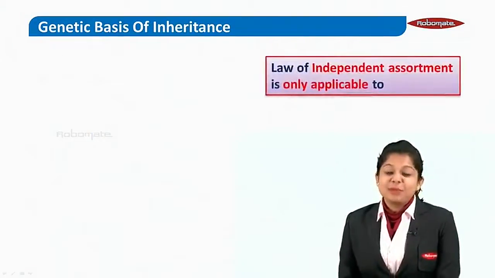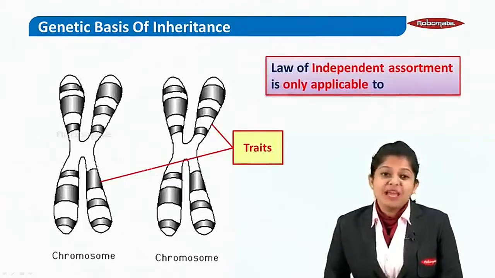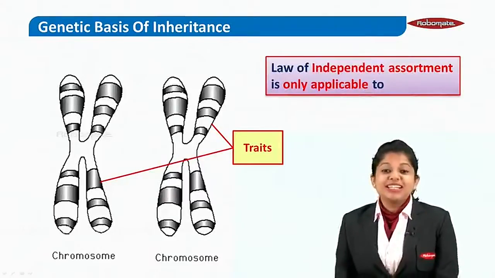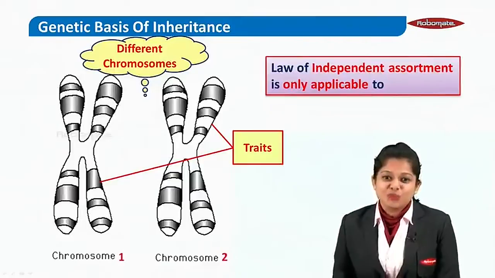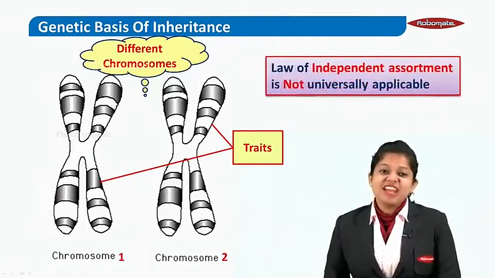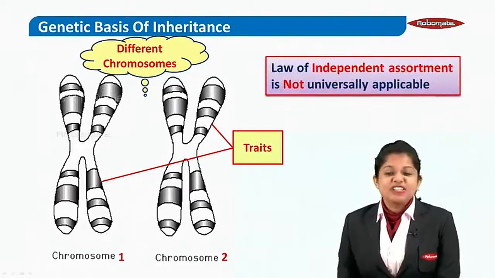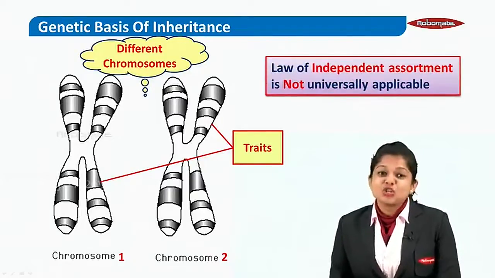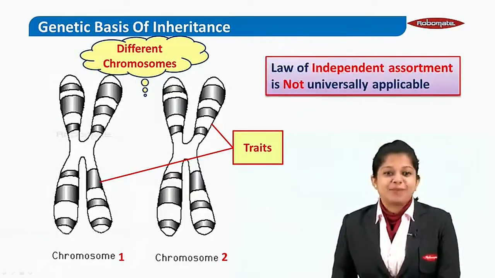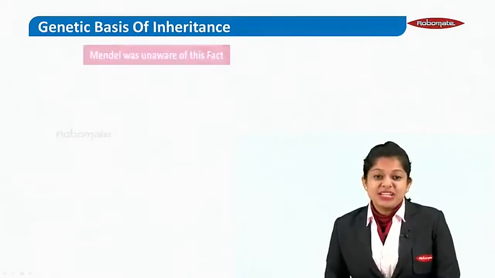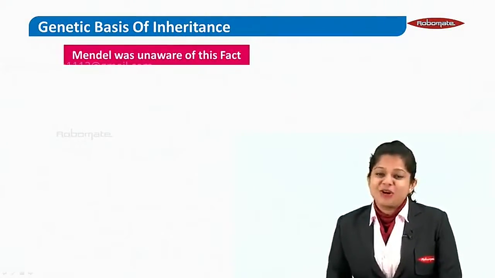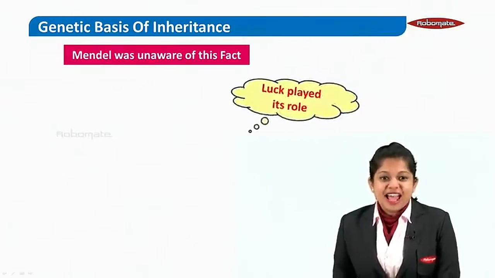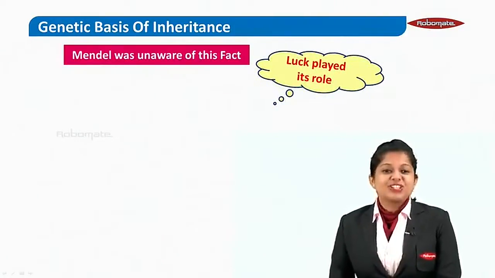The law of independent assortment will only be applicable to the traits that are present on different chromosomes. So we can very well say that the law of independent assortment is not universally applicable. Now, the fun part is Mendel was actually unaware of this fact. All that is, his luck played its role.